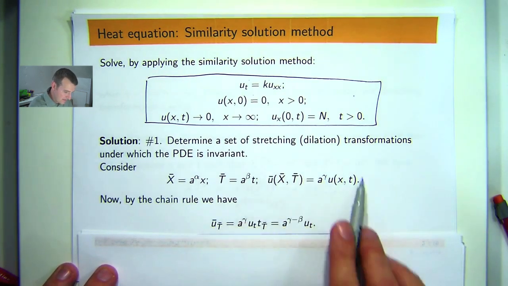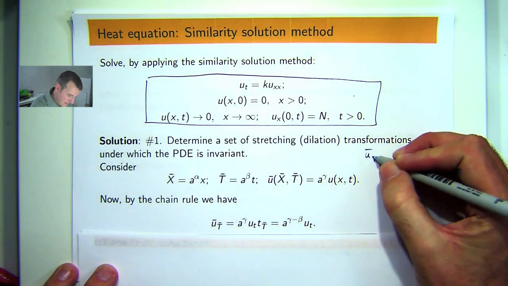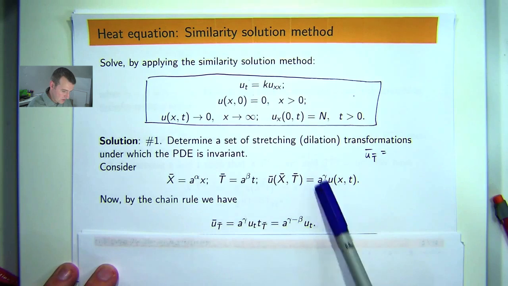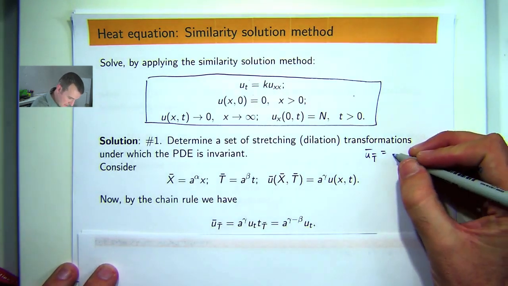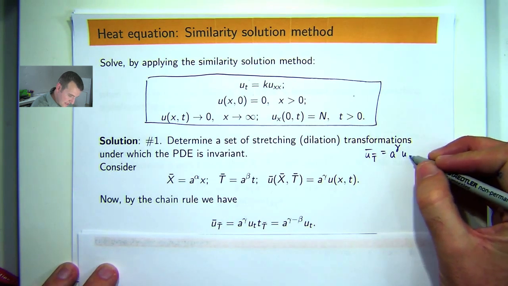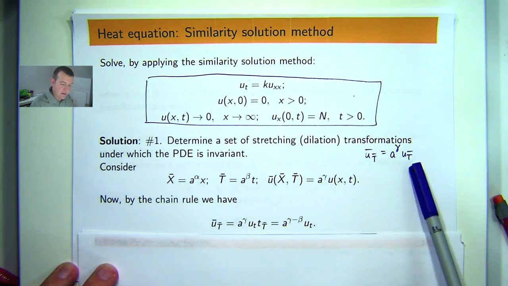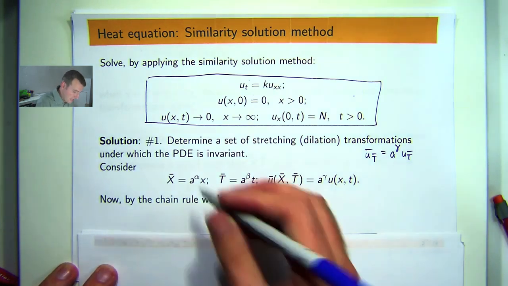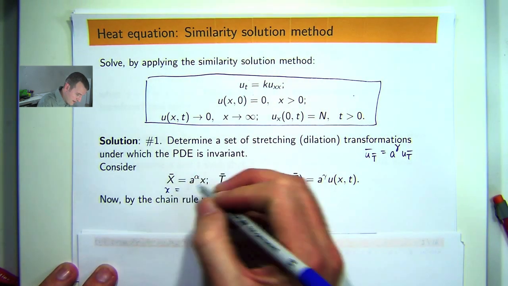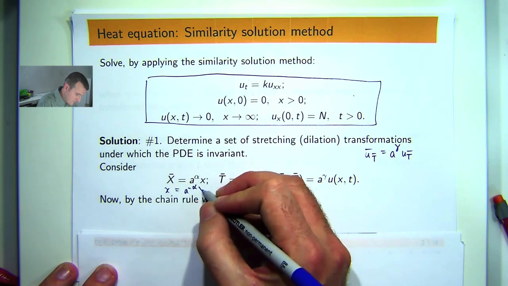So if I go up here and I differentiate both sides with respect to t bar, okay, that's a constant, so that's not going to play a big role. All it is differentiating u with respect to t bar. Now, how do I do that? Well, I can, for example, use the chain rule just by rearranging these as follows.